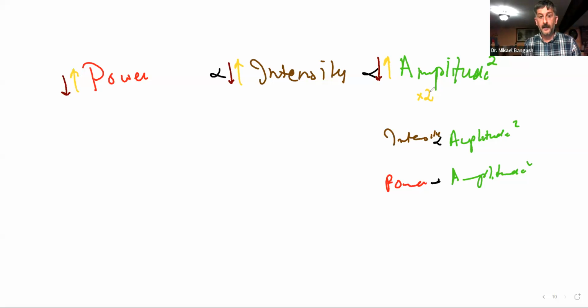Let's say we had an initial intensity or amplitude of 2. That's our initial intensity, also 2, and this was also 2. We can make this 2 watts, and this is going to be 2 watts per centimeter square.